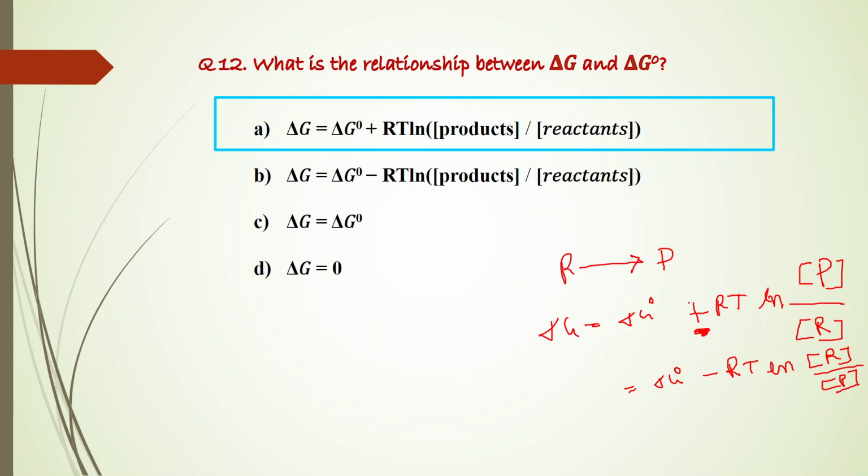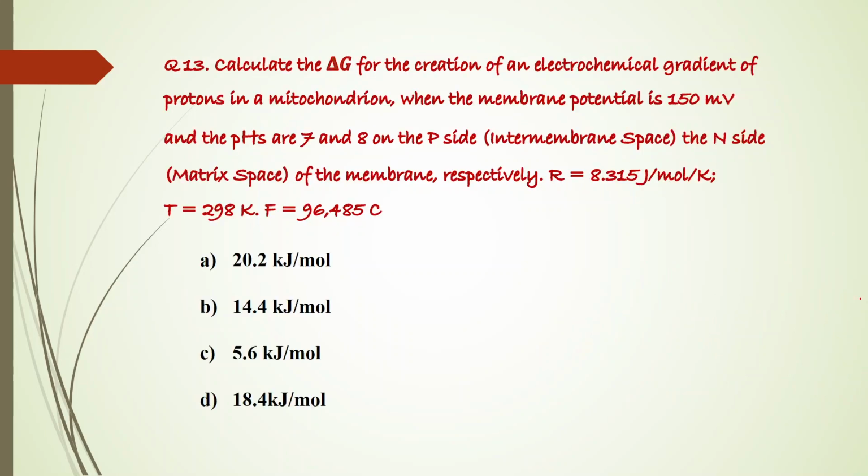But if you are using this positive sign, the product will be on the upper part of this division. Okay. So the correct option for question number 12 should have been A: delta G is equal to delta G0 plus RT ln P by R, or products by reactants. Okay. So let us move to the next.